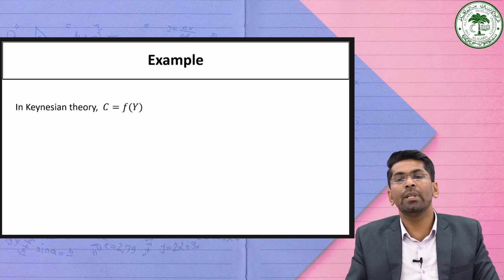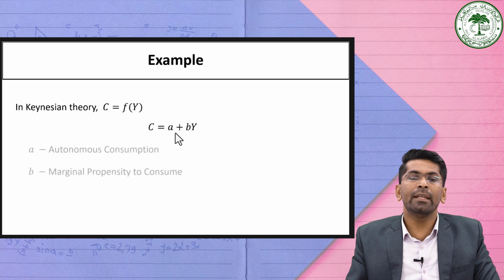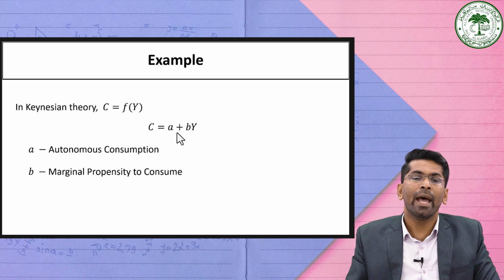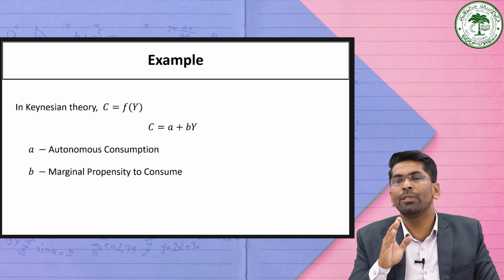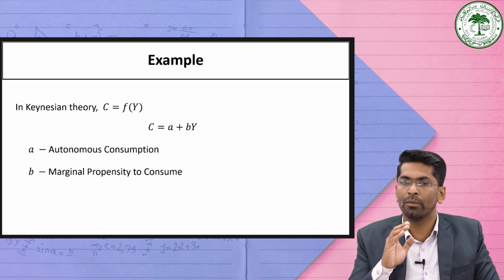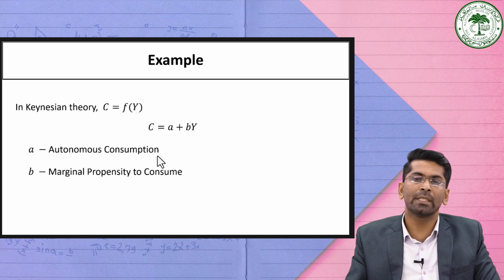This relationship is conventionally expressed as C is equal to A plus bY, where A is the autonomous consumption, or intercept coefficient. It is the amount a typical individual will consume when his income is 0. That is, when y is equal to 0, the amount of consumption is A, which is known as autonomous consumption.